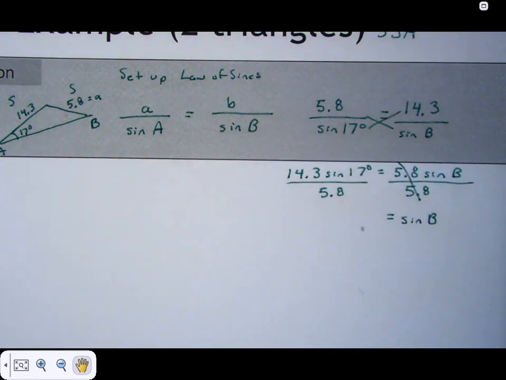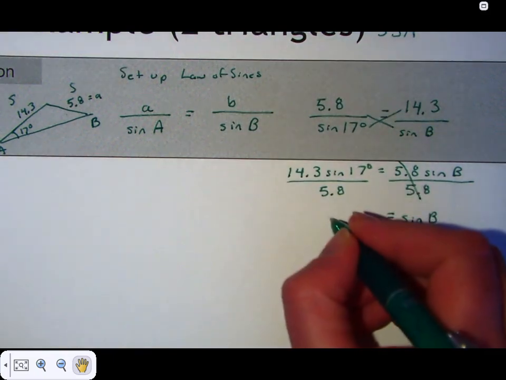And I'm going to wait for somebody just to tell me what 14.3 sine 17 over 5.8 is. I don't think it's 4.18. Or are you in degree mode? You got what?